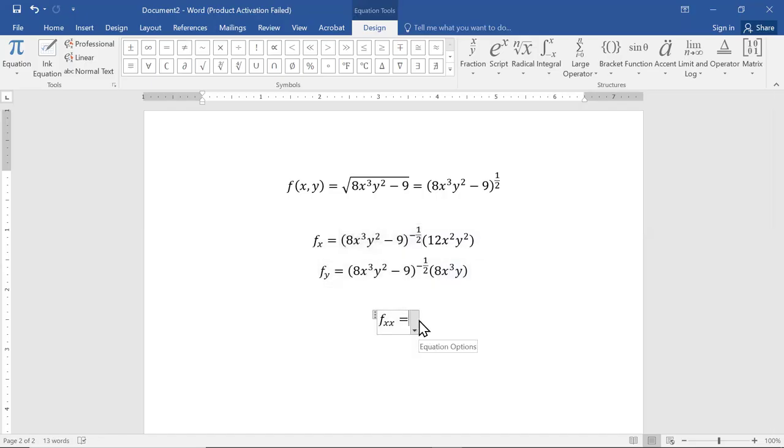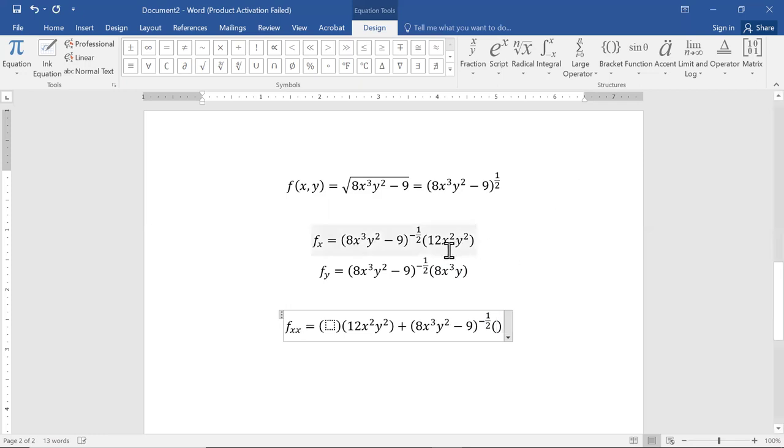I'll take the derivative of that in just a moment, times my normal second component, 12x squared y squared, plus my normal first component, which is going to be 8x to the third y squared minus 9 raised to the negative 1/2 power, times the derivative of my second component, and this is the derivative with respect to x.